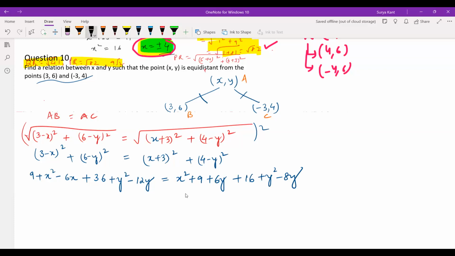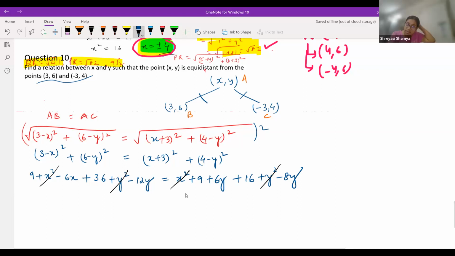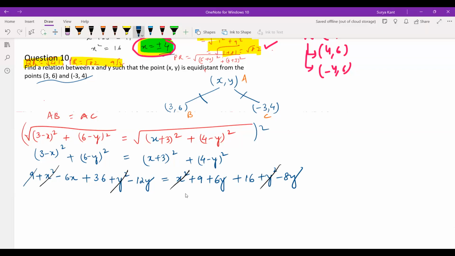If you see, we can cancel here: x square cancelled, y square cancelled. Now what can we write here? 9, 9 cancel. 9 will get cancelled.